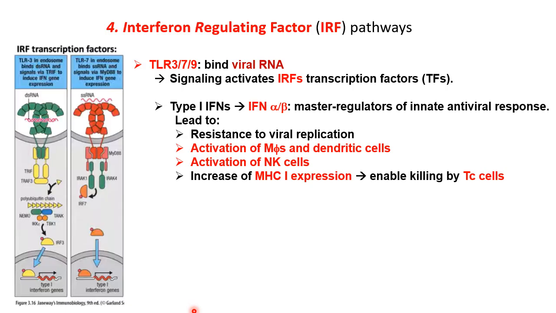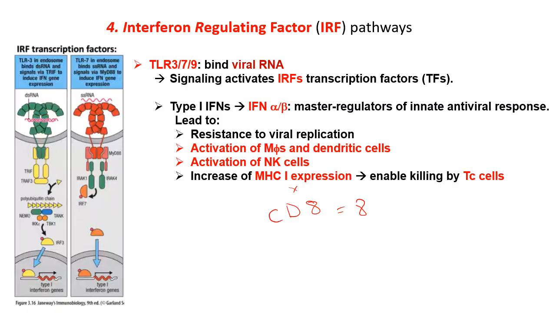So MHC1 is going to activate what type of T cell? Cytotoxic T cell. MHC1 goes with CD8. 1 times 8 is 8. What is the MHC that activates CD4?